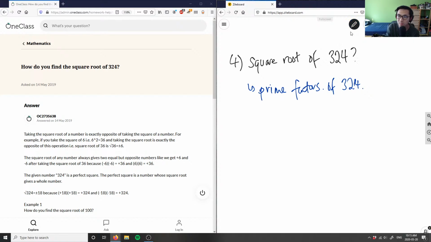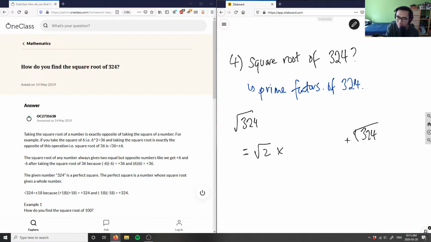So let's do it. We have the square root of 324. I can break this down into a root 2, and I'm going to divide 2 out of this number here. So 324 divided by 2 would be, I'm going to see if I can do this in my head. I think it's 162.